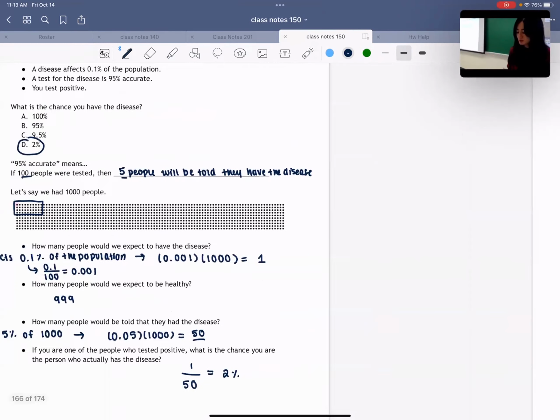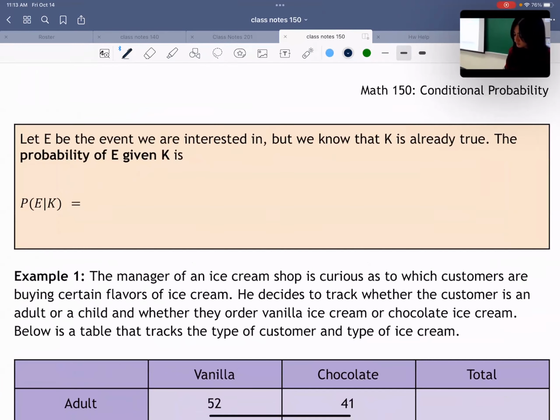Okay, we call this conditional probability, and we have this weird way of writing it. Okay, so conditional probability deals with an event E and an event K. E is what we're interested in. So in the example with the hospital or the doctor example, we wanted to know if we had the disease, right? So E was having the disease.